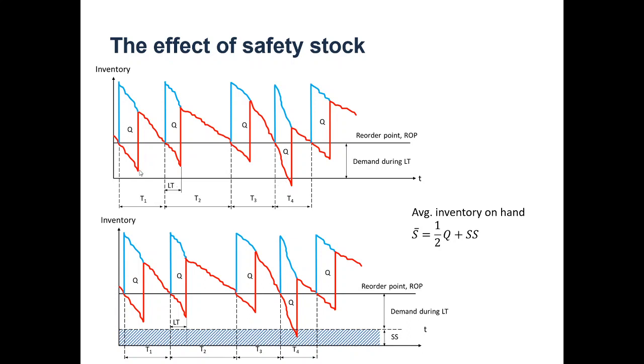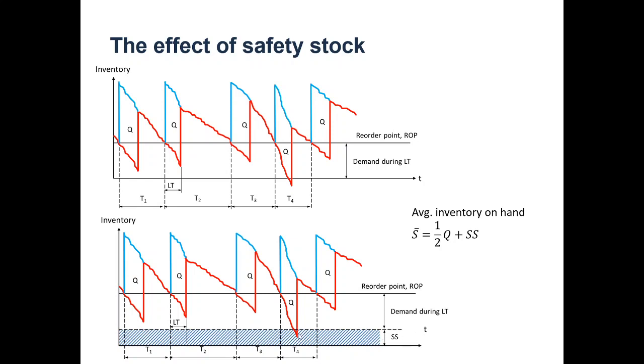But on average, we have a graph that is similar to the one we have for the economic order quantity, so the average stock here is half the lot size. When we have a safety stock, as is the case here, we have that same amount of physical inventory plus a safety stock which is always there, or pretty much always there.